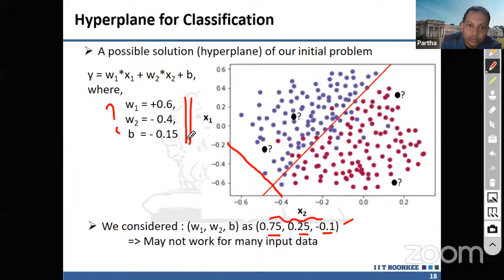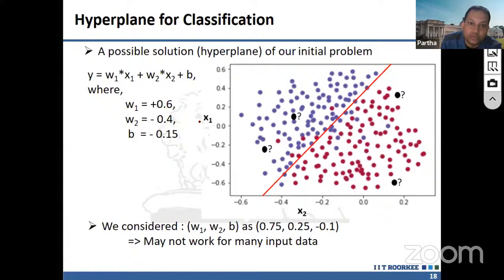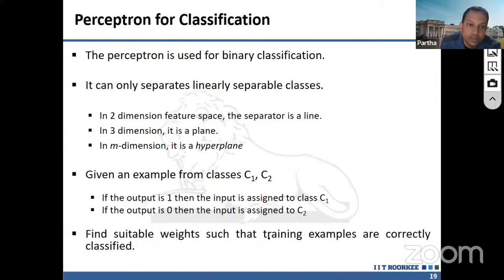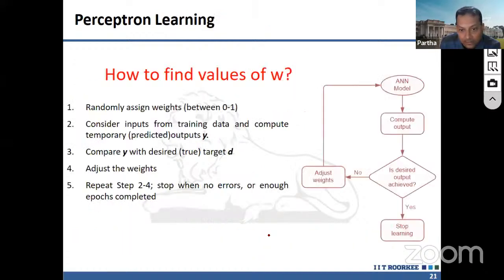How can we get to this solution, how to find these values of W and B? That is the learning. So we have this learning of W and B. This is perceptron learning.